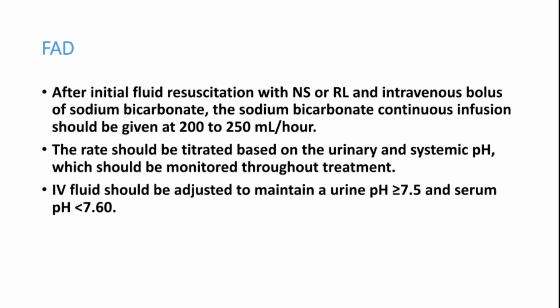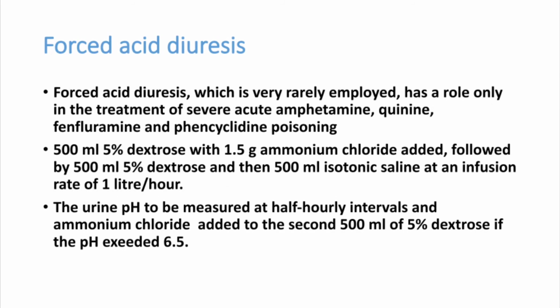Now another terminology is forced acid diuresis, which is very rarely used nowadays. Its role is only explained in severe acute amphetamine toxicity, quinine toxicity, fenfluramine toxicity, and phencyclidine poisoning.